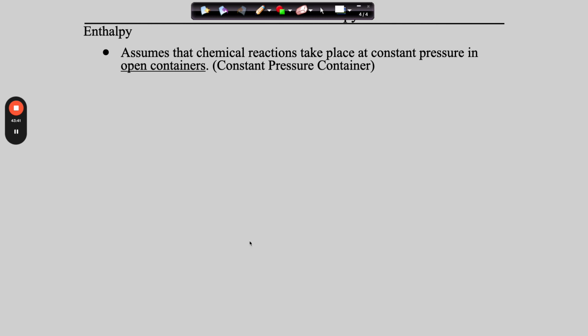When we talk about enthalpy, we are assuming that the reaction is taking place in what we call a constant pressure environment. We call these open containers. And that is a term that you can use on the AP test. Just like closed system is officially a thing, open containers are officially a thing.